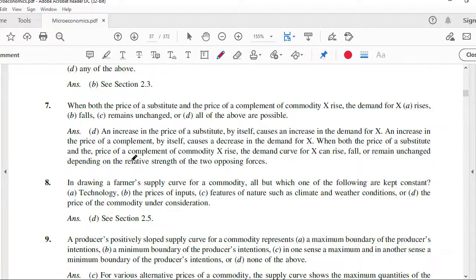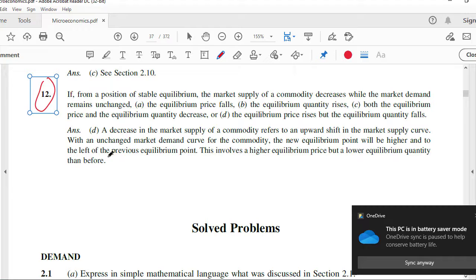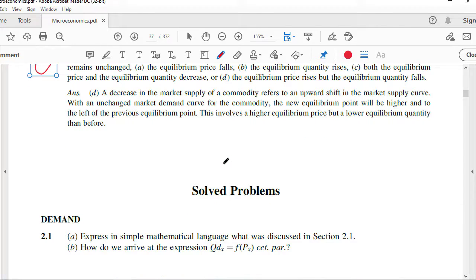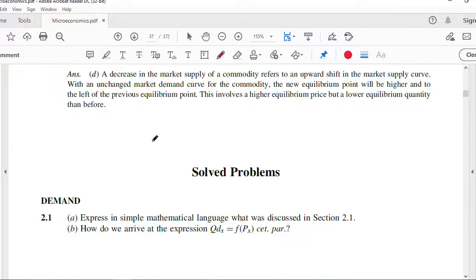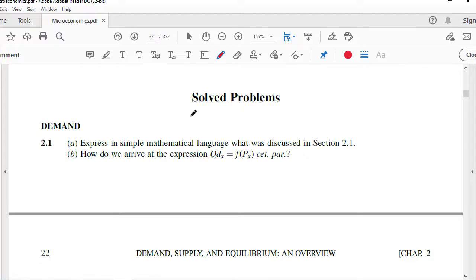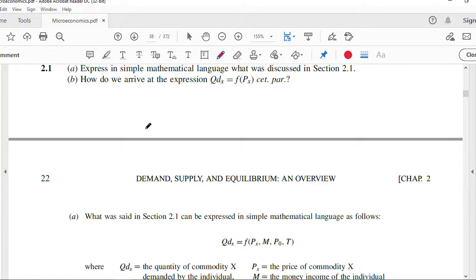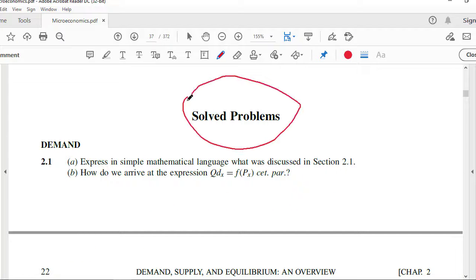There are 12 MCQs after every chapter, I think. So you should go through those MCQs and practice them well, because they are very likely questions for the exam. Similarly, after these MCQs, you have solved problems. If you do not have time to read the whole book, you can skip this solved problems section.